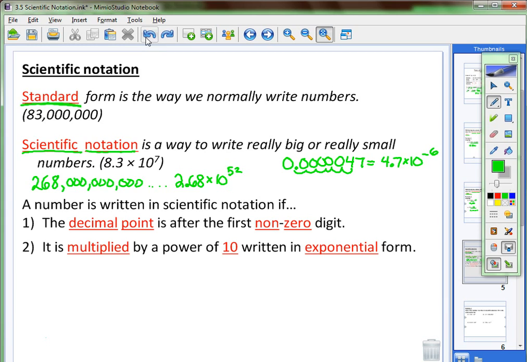So before we can convert them, you need to know how to identify if a number is written in scientific notation. There are two things you need to look for. First of all, the decimal point has to be after the first non-zero digit. That means the number is between 1 and 10. It can be equal to 1, but it cannot be equal to 10.